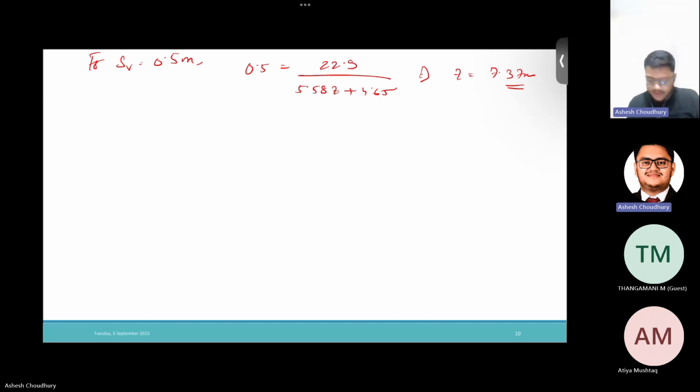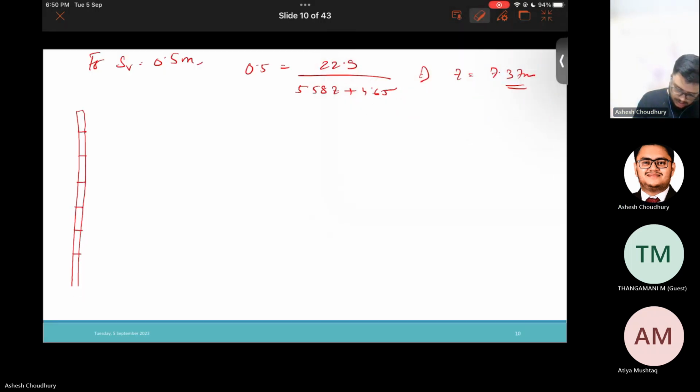So let us draw a rough figure of how it would actually look. 1, 2, 3, 4, 5, 6, 7. So 7 blocks, and each block is 1 meter.